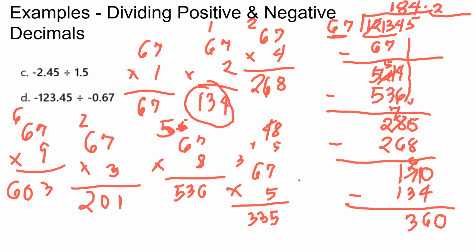When I multiplied 67 by 5, I had 335. When I multiplied 67 by 6, no, I don't have that yet. So let's see, for us to be on the safe side, 67 times 6.